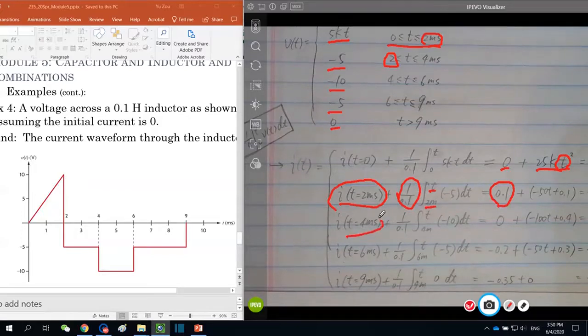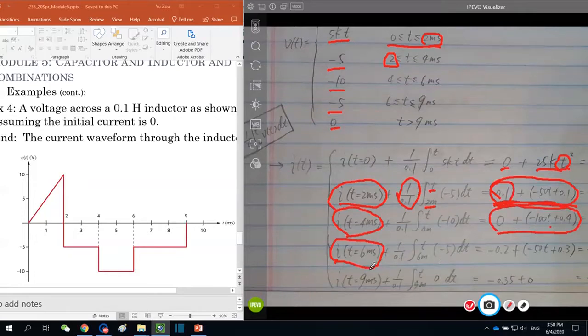The initial value is the current value at the end of the previous current function. So I of t equals 4 milliseconds is obtained from the previous function here. Same thing here: the initial value at t equals 6 milliseconds is equal to the value obtained by substituting t here with 6 milliseconds.